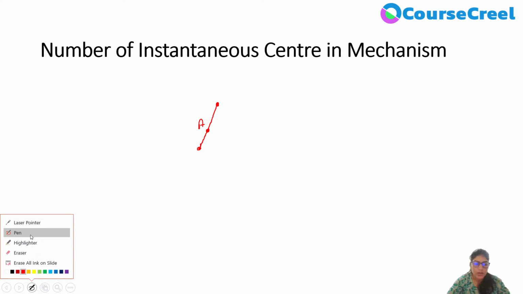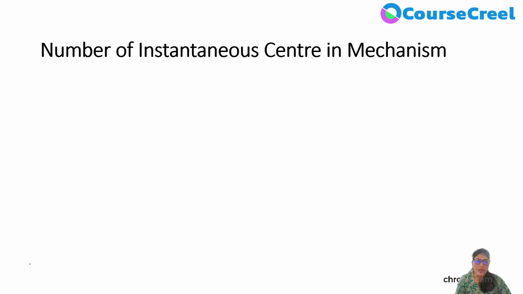So the instantaneous center I discussed in the last class. Now here, if we want to define the number of instantaneous centers for the mechanism, okay, a mechanism has a number of links and a number of pairs. Okay, so a mechanism is one where one link is fixed, right? Suppose we have n number of links.